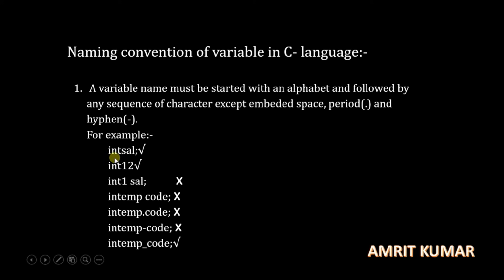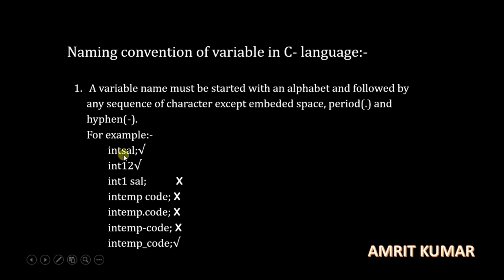We have studied the variable and how it is going to work. Now we are using a set of rules for how to name a variable. A variable name must start with an alphabet and be followed by any sequence of characters except embedded space, period and hyphen. Here you are seeing that we are using the character value.